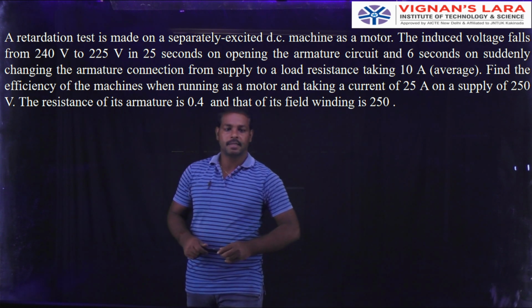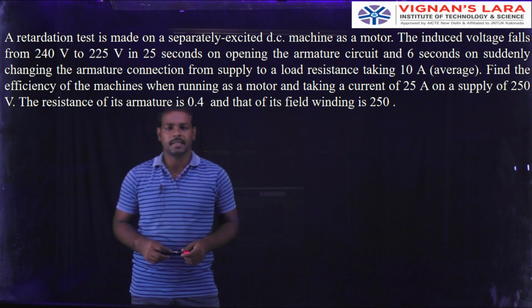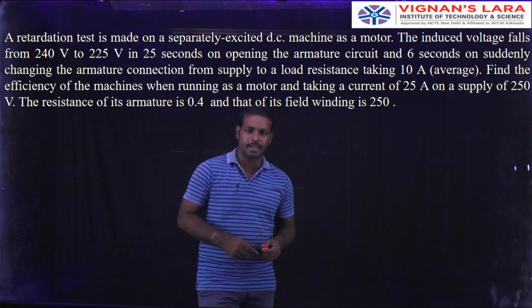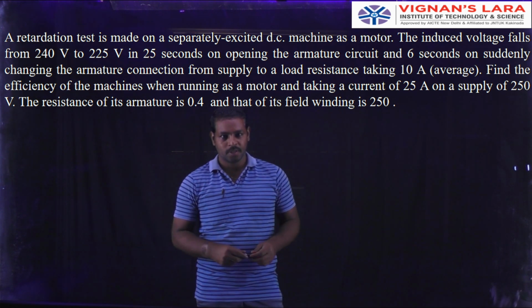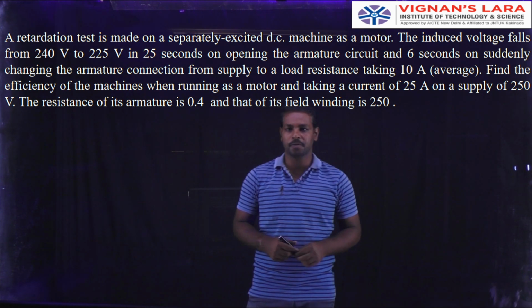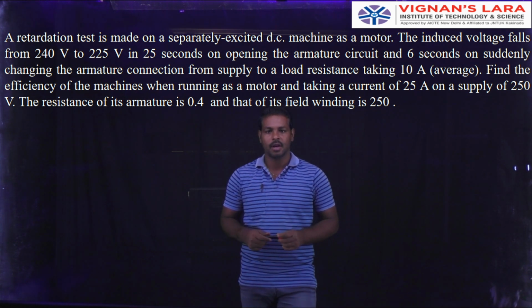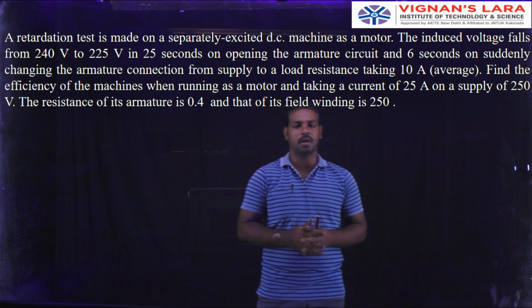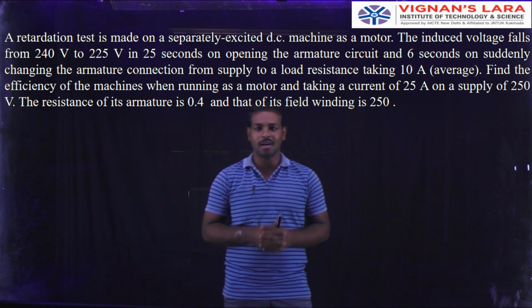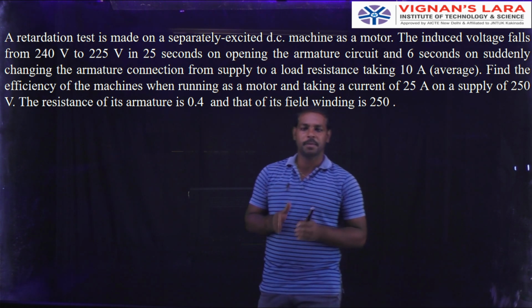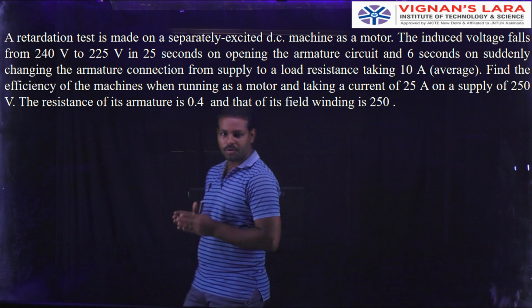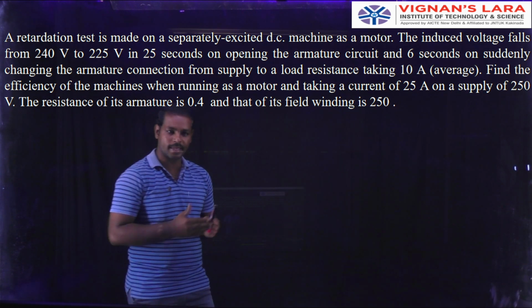Another one is a retardation test made on a separately excited DC machine as a motor. The induced voltage falls from 240 to 225 volts in 25 seconds on opening the armature circuit, and in 6 seconds on suddenly changing the armature connection from supply to a load resistance, taking 10 amperes as the average.